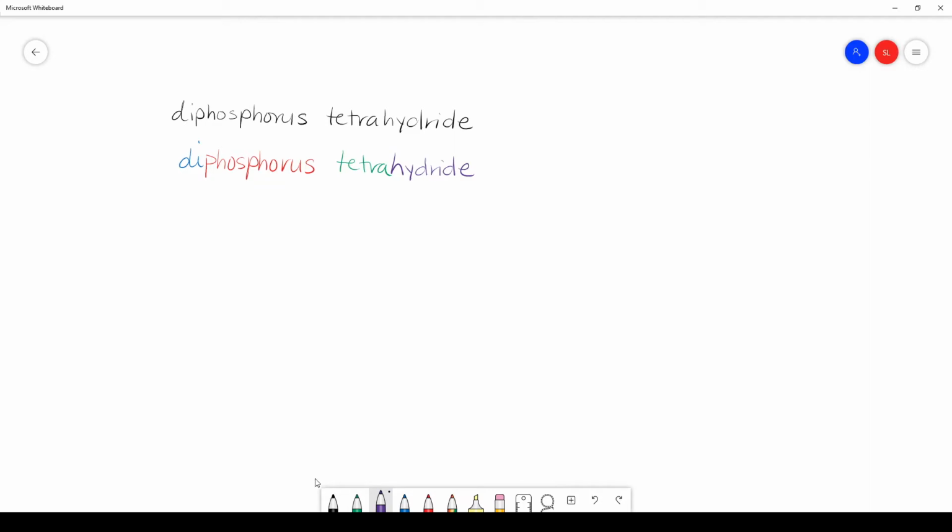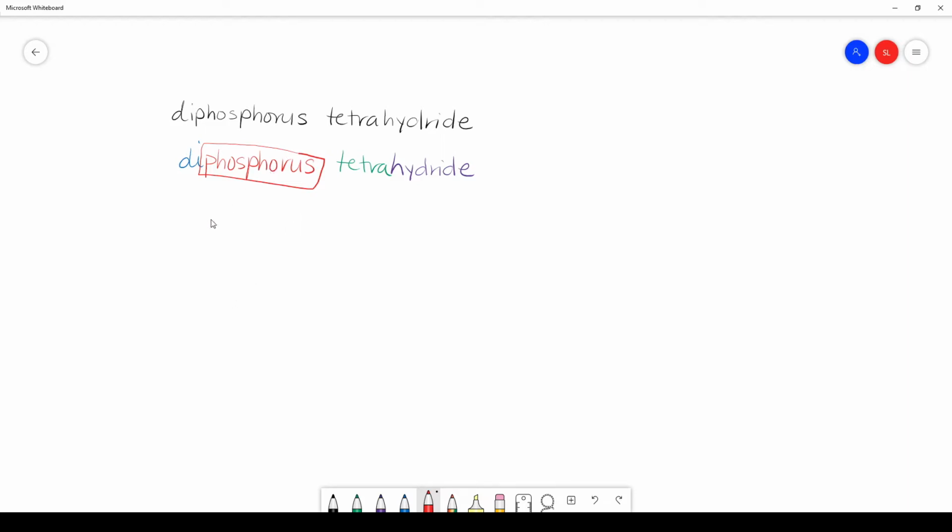So for the first element, we can see that there is a prefix of di. First element is phosphorus. For the second element, prefix is tetra, and the second element is shown as its element or root plus ide as hydride. For the first element, remember that it takes on the full element name right off the periodic table with no modification.